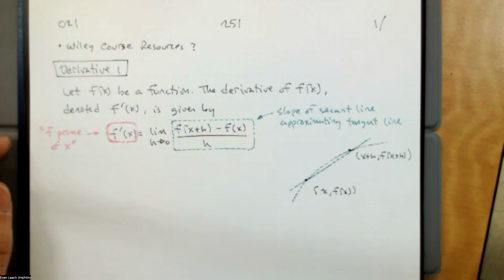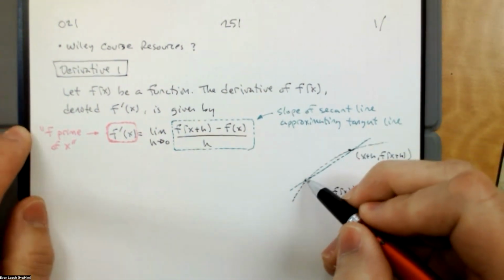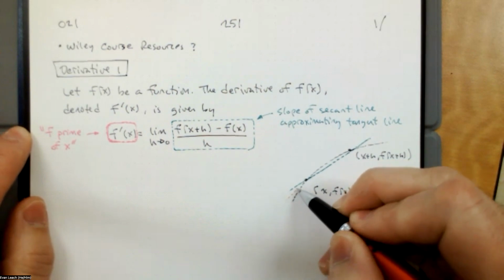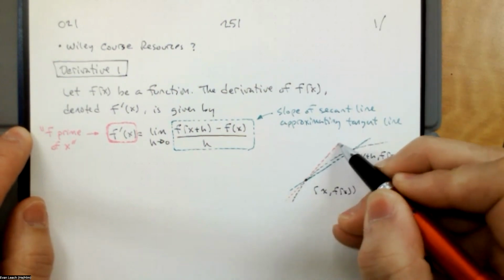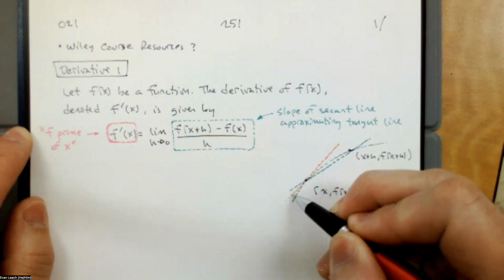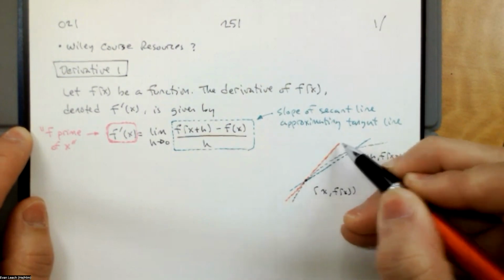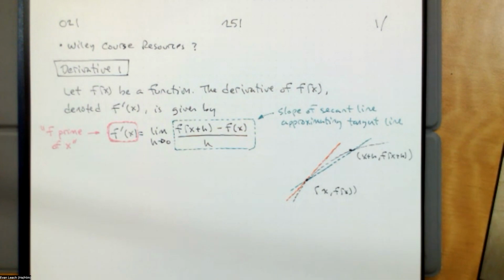And we use that secant line to approximate the thing we're going after, which is the tangent line at one point. We want to see this f of x plus h minus f of x over h as rise over run, change in y divided by change in x.